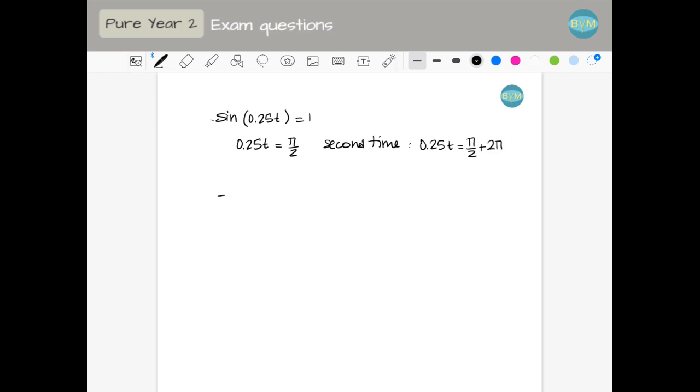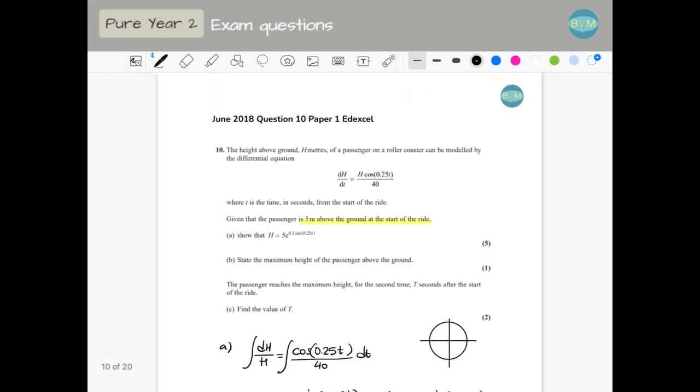And from here we find t. So t is going to be 5 pi halves divided by 0.25, and this is 10 pi seconds, or if you want to evaluate and give the number, it is 31.4 seconds to 3 significant figures. And that's all with this question. That's what they ask you, the value of t.